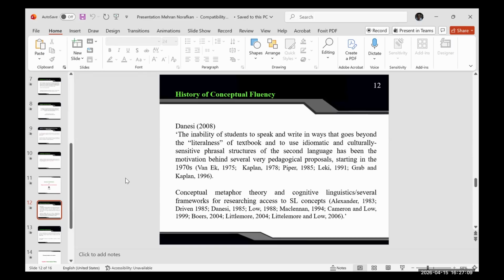Conceptual metaphor theory and cognitive linguistics have led us to several frameworks for researching and having access to second language concepts.